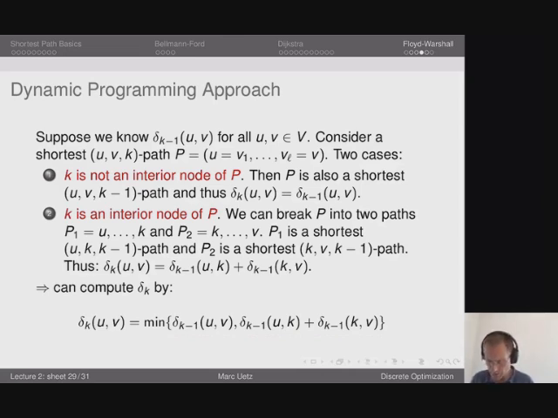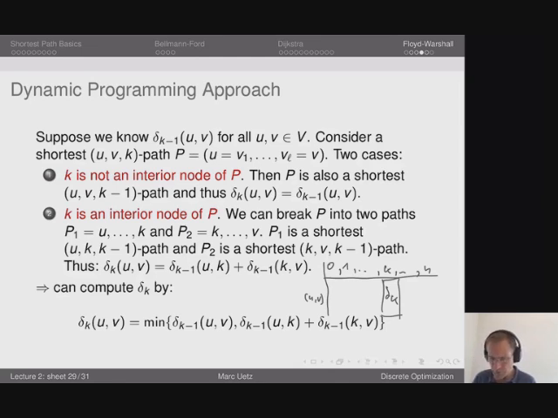So we can think of that as follows. We build a whole table, 0, 1, etc., up to K, up to N. And we are computing delta K values in this table here. So such a column would correspond to the corresponding delta K value.